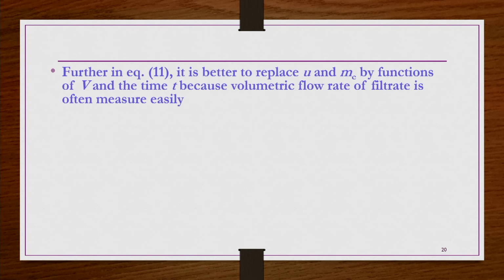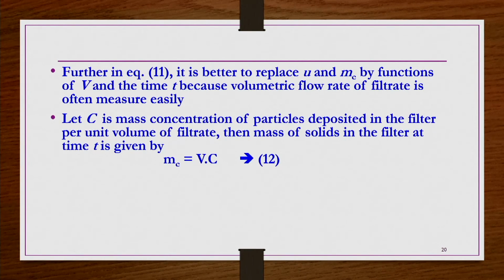Further, in equation 11, the total pressure drop equation, it is better to replace u and mc by functions of V and the time t, because the volumetric flow rate of filtrate is often measured more easily experimentally than u or mc. So, let C be the mass concentration of particles deposited on the filter medium per unit volume of the filtrate.